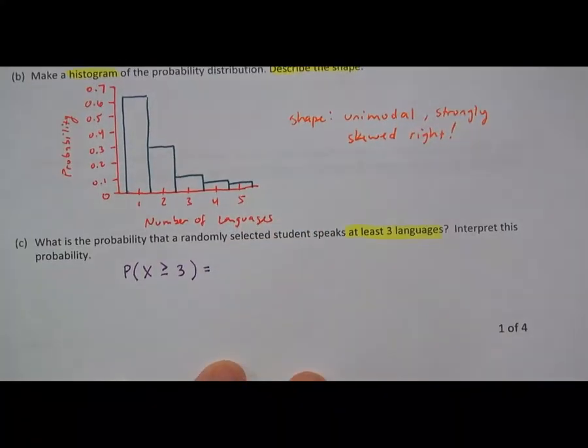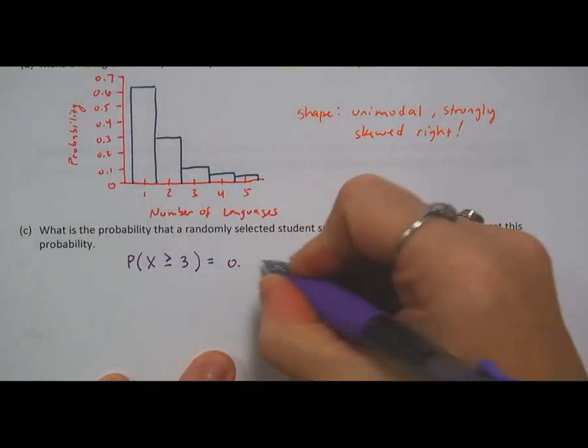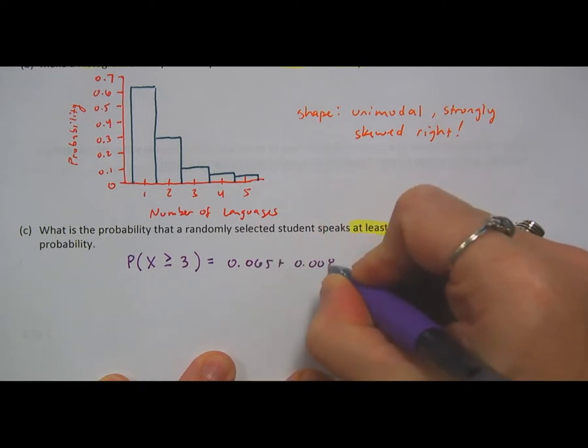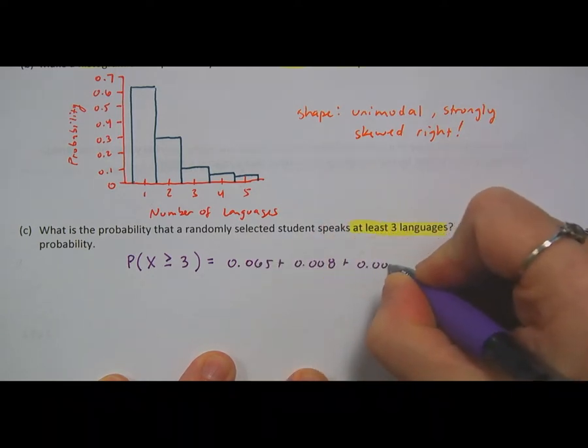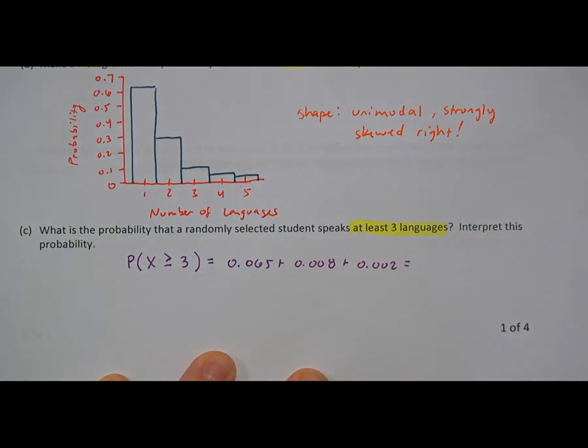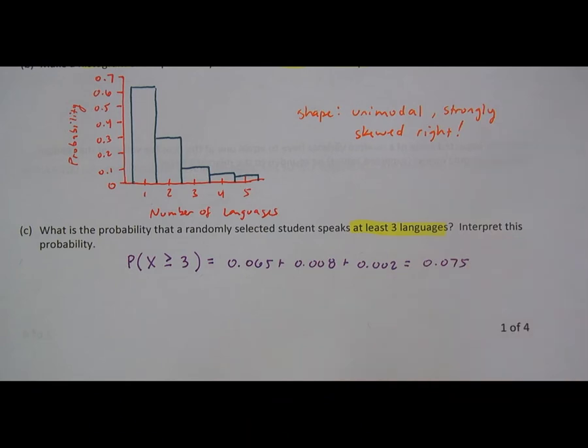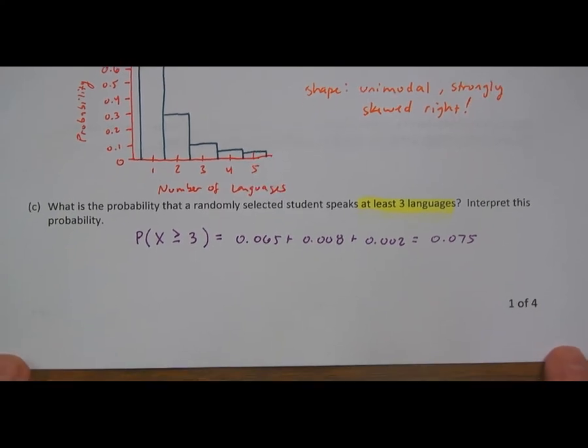If you want to show a bit of work here, you're going to add 0.065 plus 0.008 plus 0.002, and you get 0.075. That's the probability that a randomly selected student speaks at least 3 languages. That's 3 or more. Now it says interpret that probability.